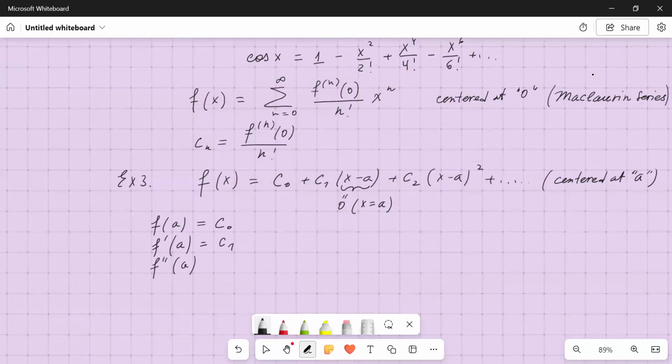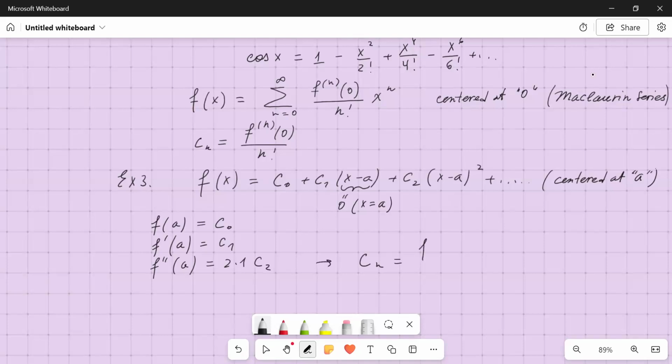And the second derivative at a is going to be what? Because I differentiated 2 times, it's 2 times 1 times c2, right? And all other terms are going to become zeros for the same reason, because I'm setting x equal to a, which means that I'm setting the parentheses to 0.